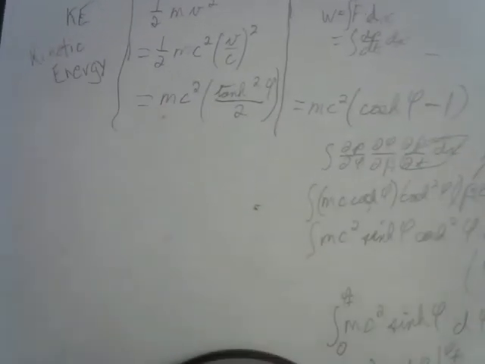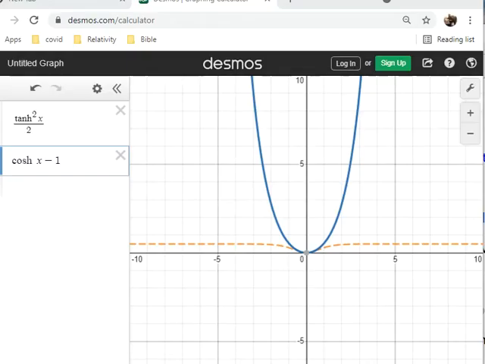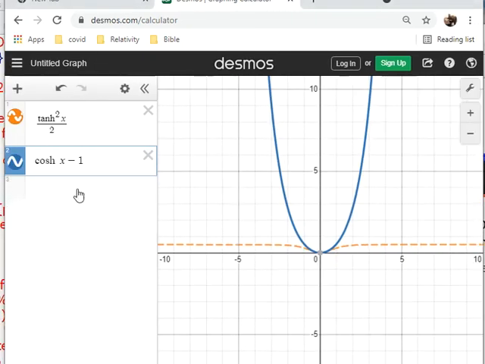Well, let's look at the two graphs plotted on the same chart. The orange line is 1/2 times tanh squared x, which would be the Newtonian version with respect to the hyperbolic angle, and the blue curve is the relativistic version of the energy.